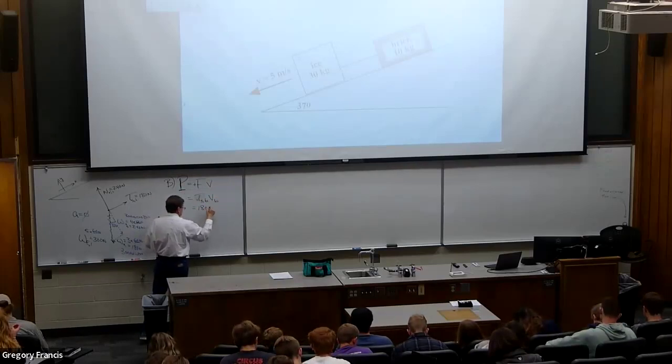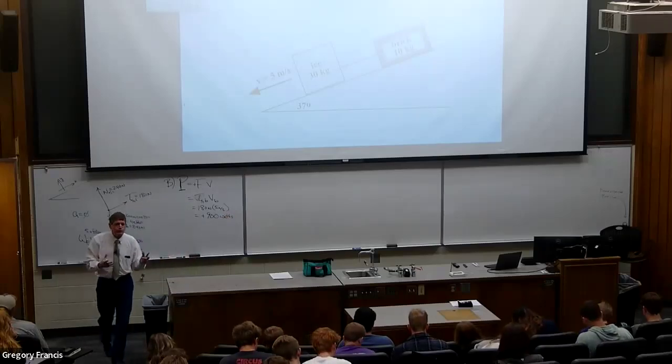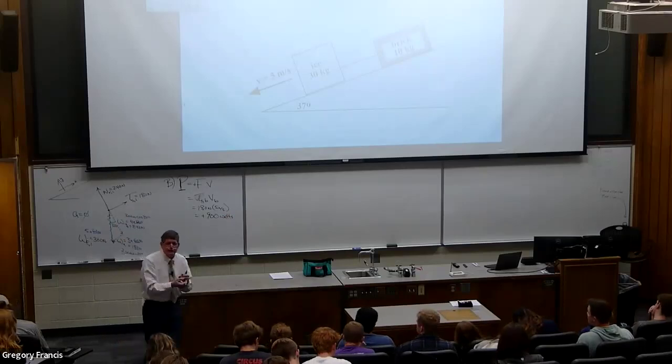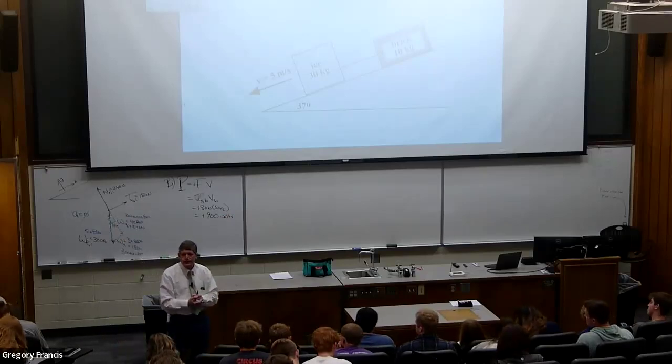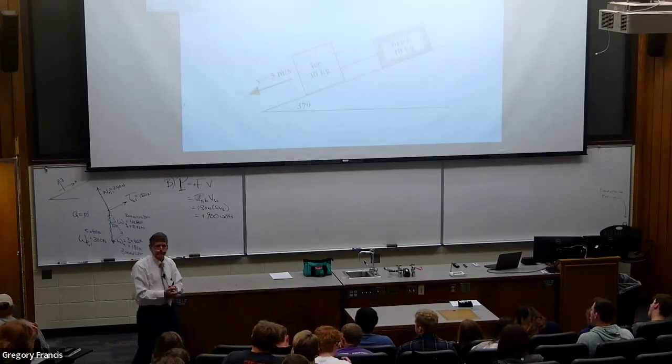That's 180 newtons times 5 meters per second, or a positive 900 watts. Okay, every second that goes by, that string is delivering to the brick 900 joules of energy. That's what 900 watts means.